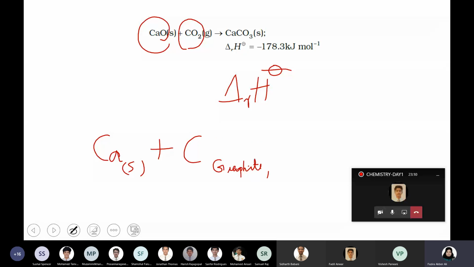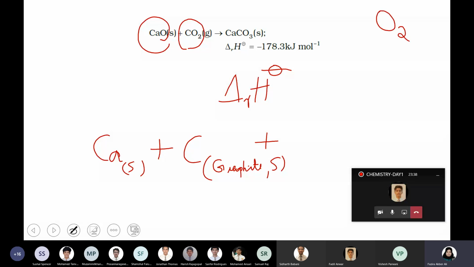The other ones, from different sources, are impure, so you need to take the purest form. That is why we are opting for graphite. So graphite and solid, that you need to specify, plus how many oxygen? 3. But you can't write 3O because oxygen is O2.